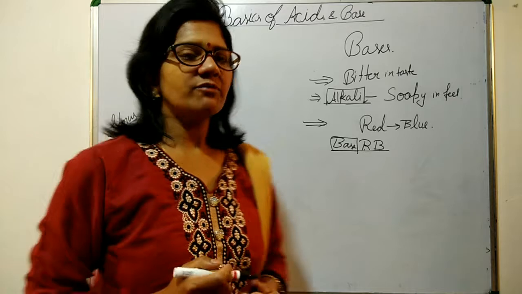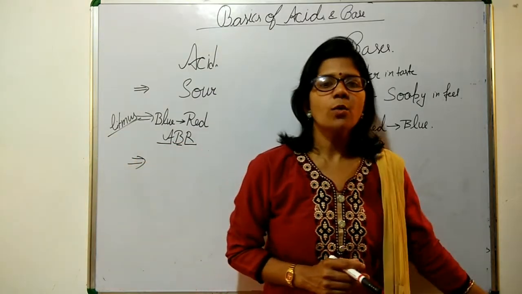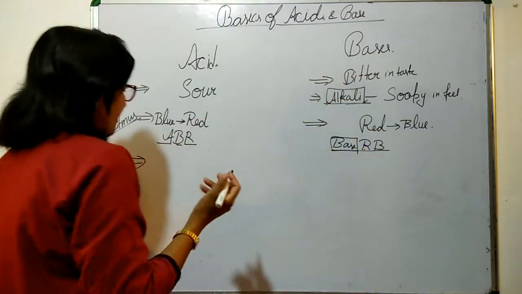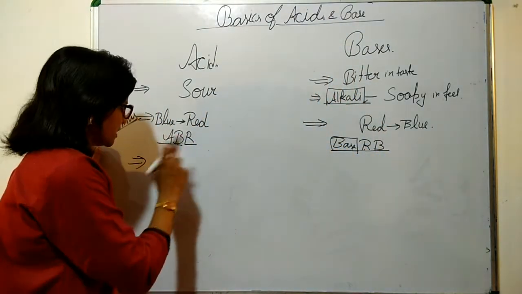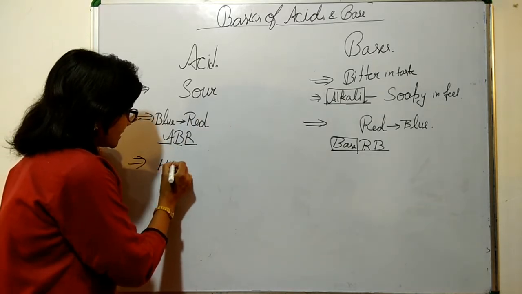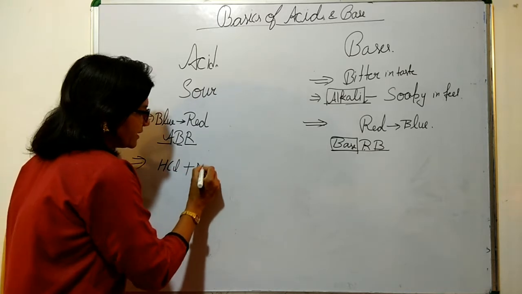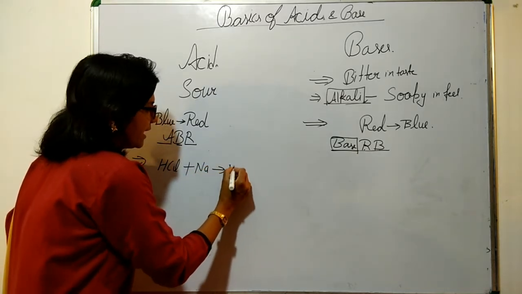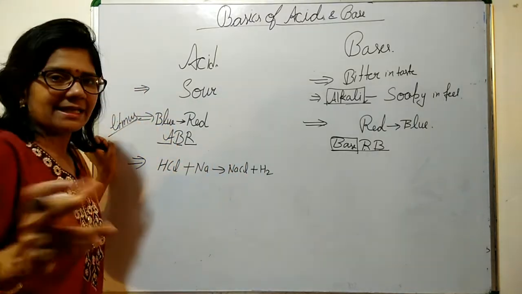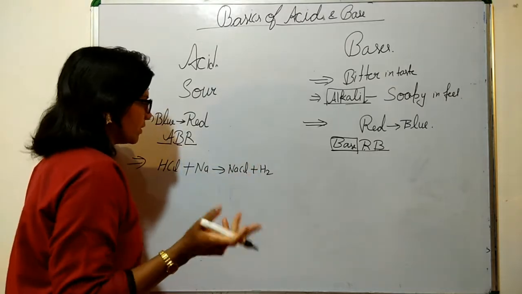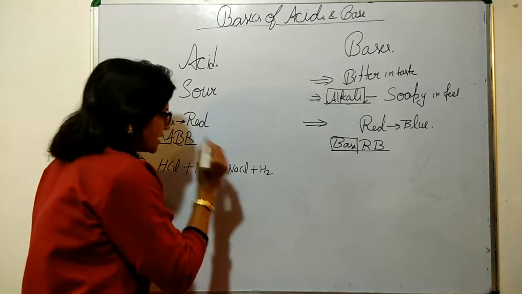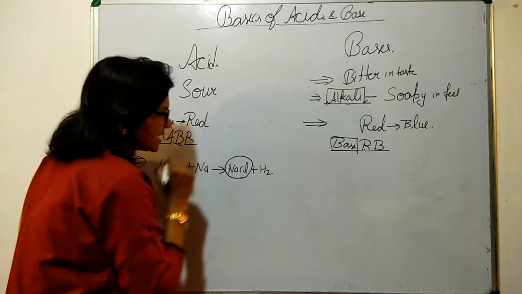Now let's see one by one the chemical properties. What happens when the acid reacts with metals? Suppose it is your HCl, then it reacts with Na, it forms NaCl plus hydrogen remains. Balancing we will see later, or I have discussed this in my previous YouTube class. Please pay attention here, there is a salt.